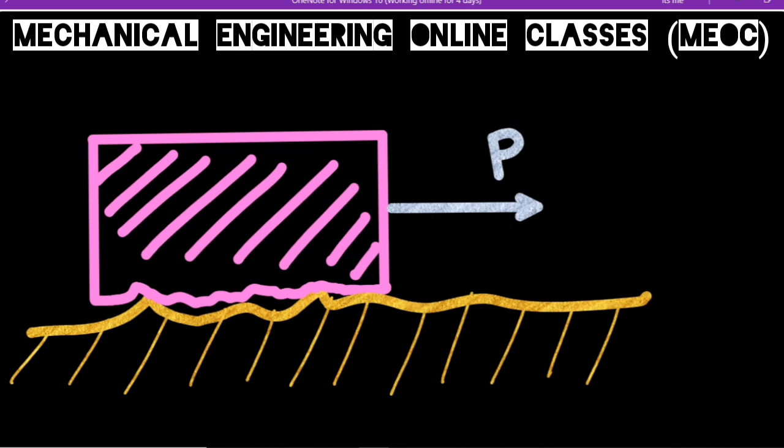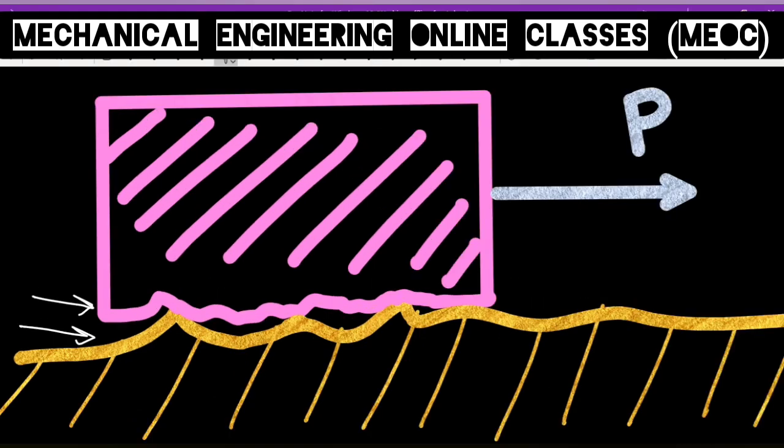So here we can see one surface is of the block, the other surface is the horizontal floor on which the block is kept. The peaks of the horizontal surface will act as obstructions or obstacles to the body that is sliding on it rightward.